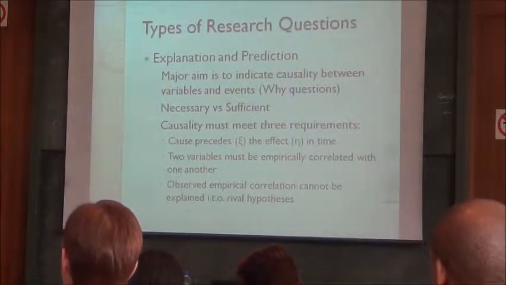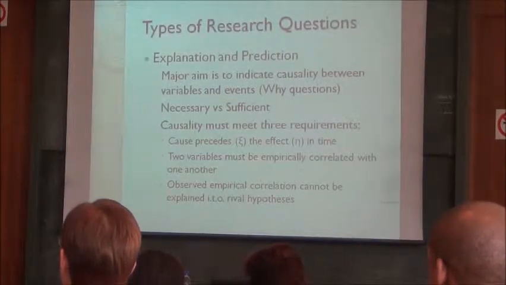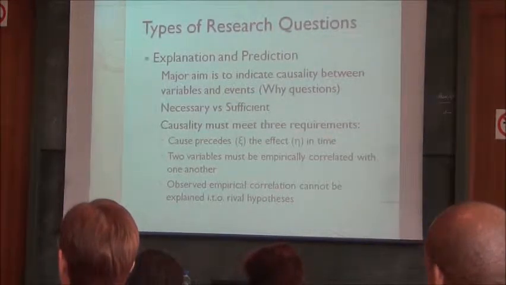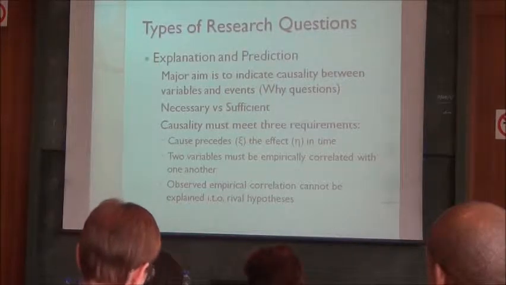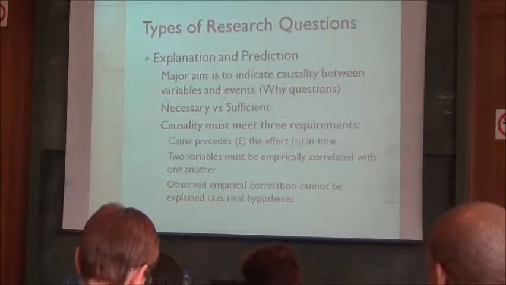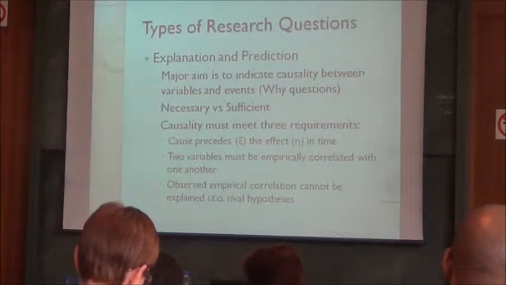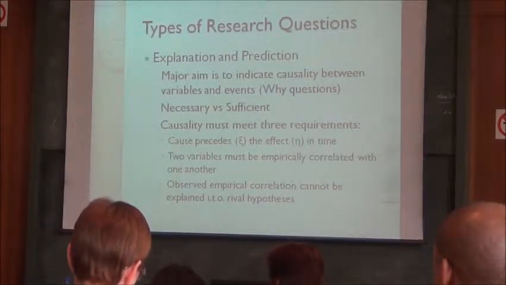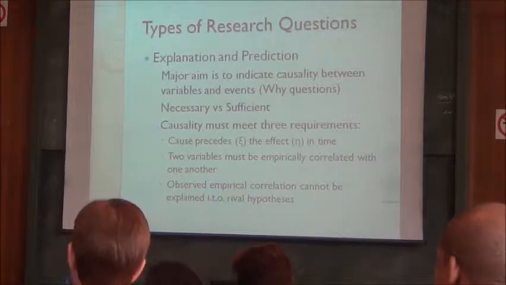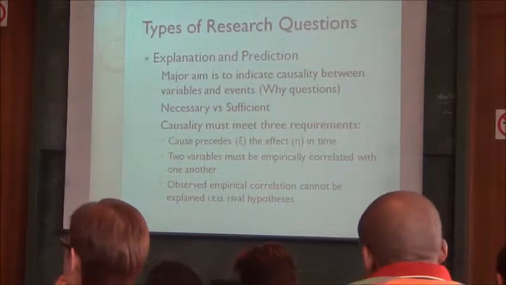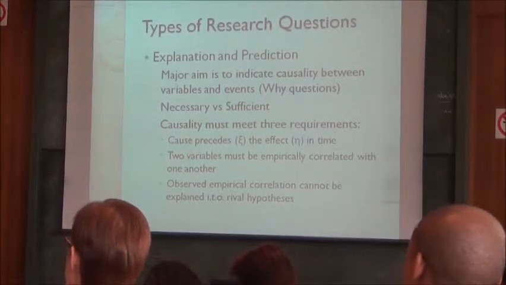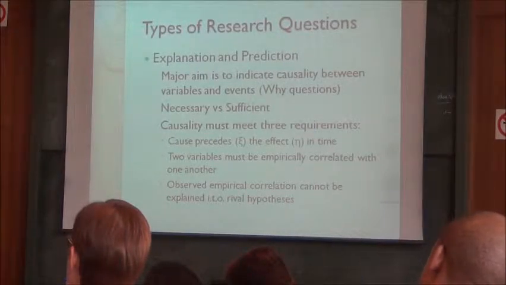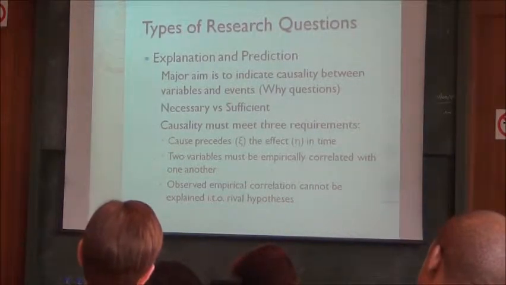But necessary means that, here's an example. To freeze means that you must be below zero. Okay. It is necessary. But that's not something that you need to worry about in our stuff in quantitative, because we don't always get true experimental research designs. But it's a useful exercise.